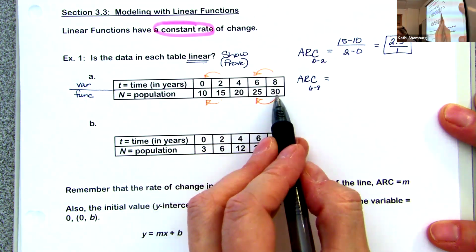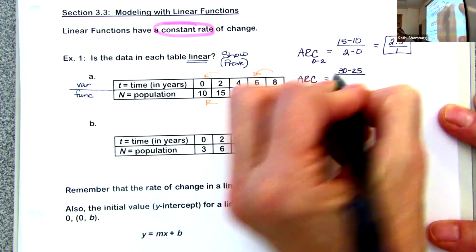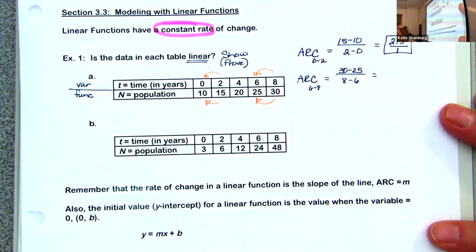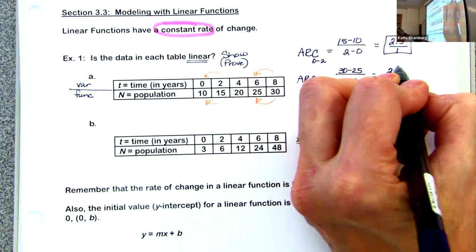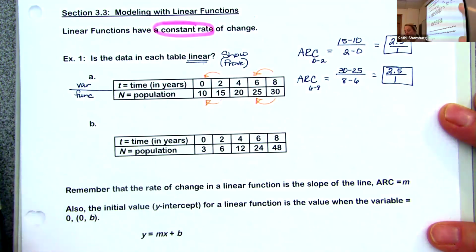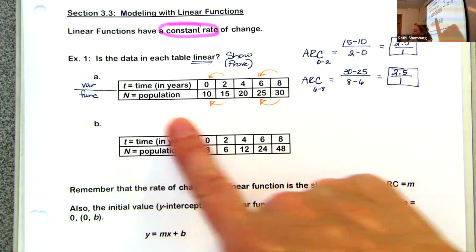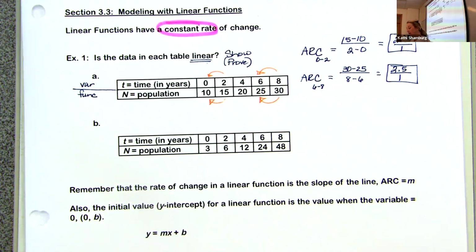So we would have 30 minus 25 over 8 minus 6, and again, we would get 5 over 2 or 2.5 over 1. And because these are the same, then we know this table has what type of a relationship or what type of a function? It's linear, okay?